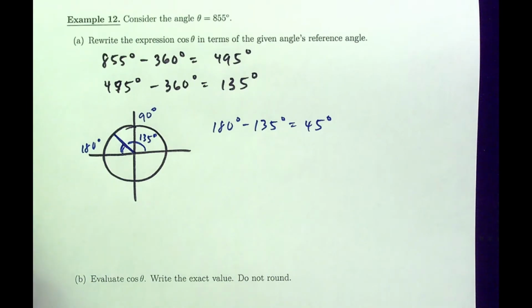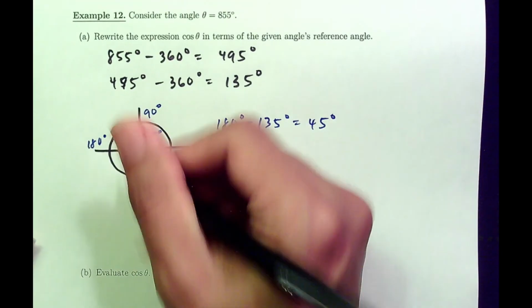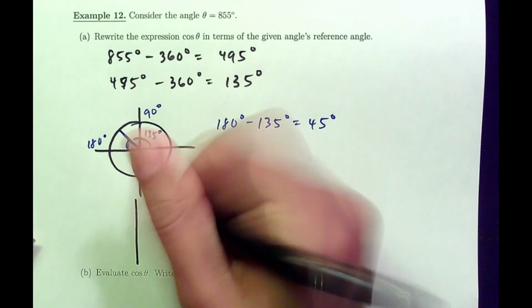Okay, now that you found the reference angle, we're going to rewrite the expression cosine of theta in terms of that. So let's draw another picture.